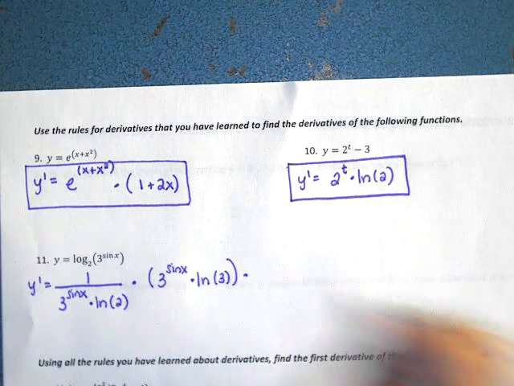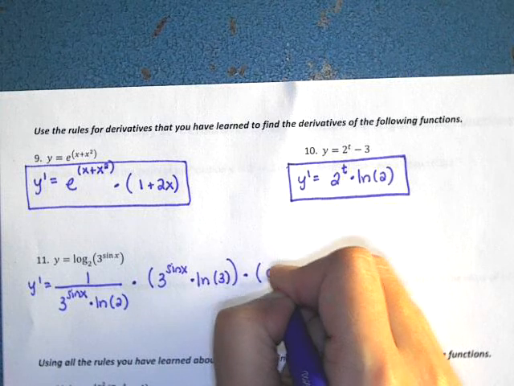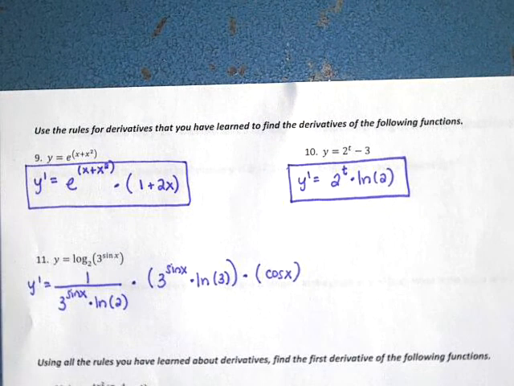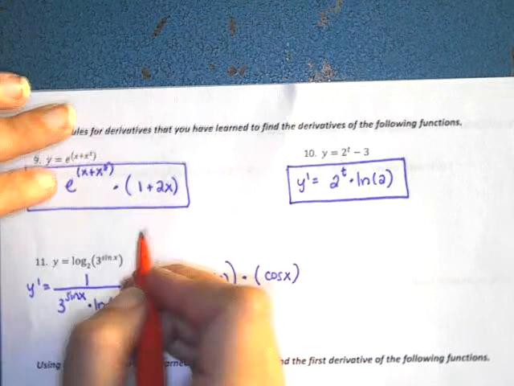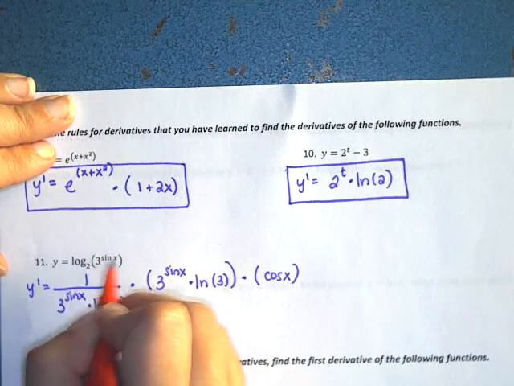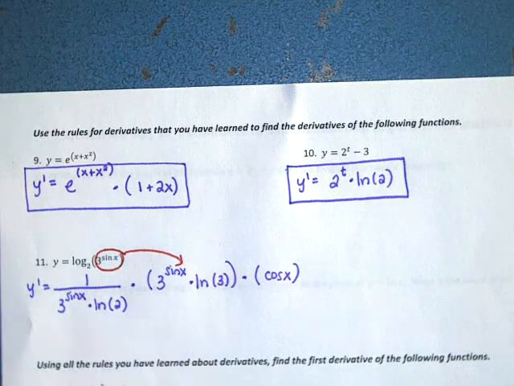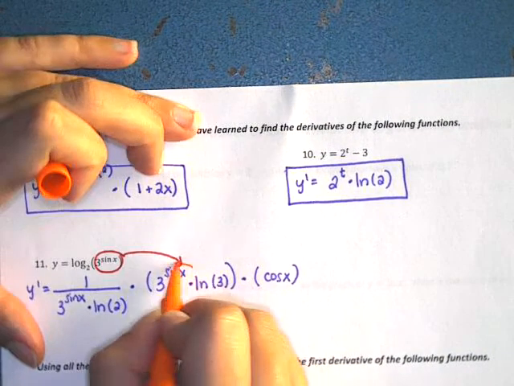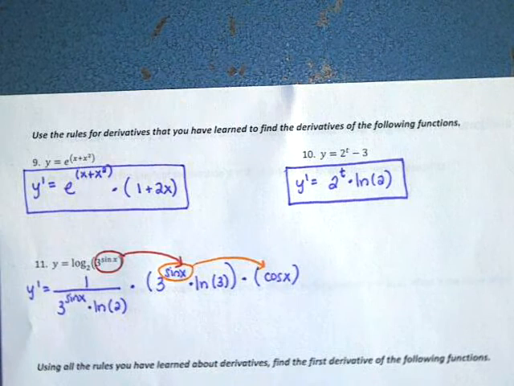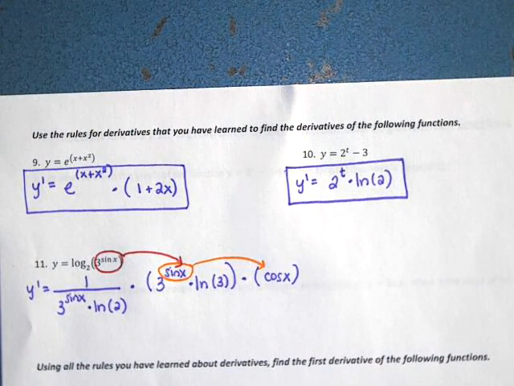And then I need to take the derivative of sine, which would be cosine. This is just chain rule on steroids. So we did the original, we did the log part, then the derivative of the next inside part is here, and the derivative of the sine part is here. It's just layers and layers and layers.